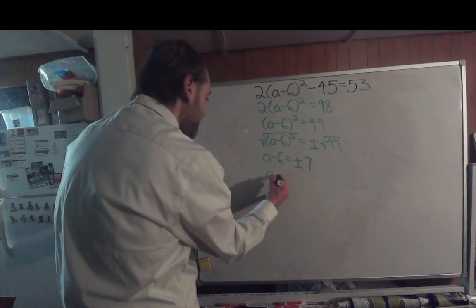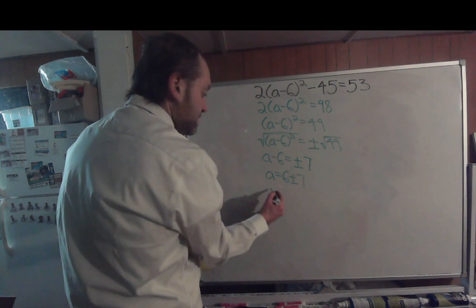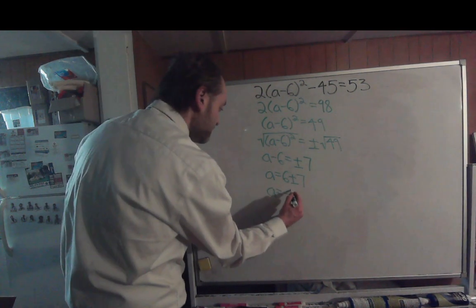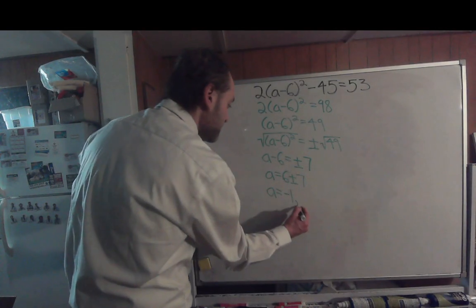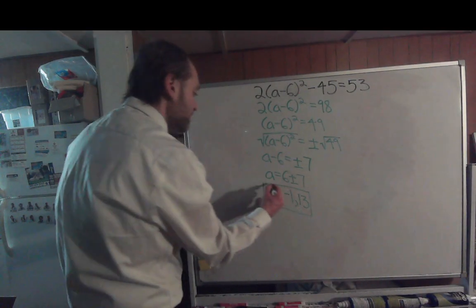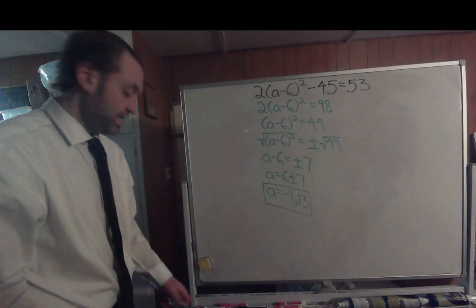So a would equal 6 plus and minus 7. Your two solutions: 6 minus 7 gives negative 1, and 6 plus 7 gives positive 13. So your two solutions for a are a equals negative 1 and positive 13.